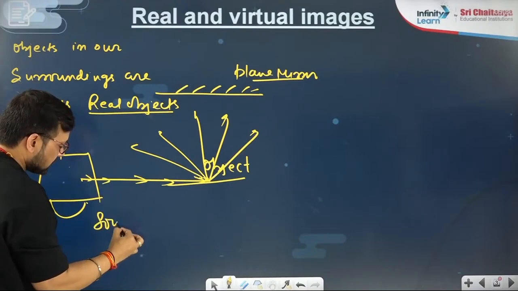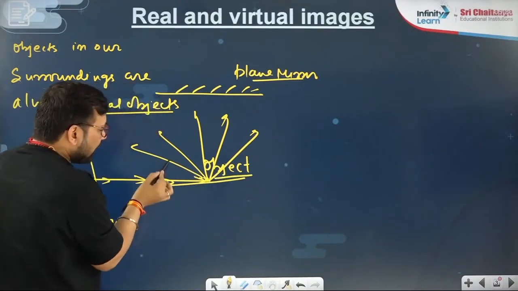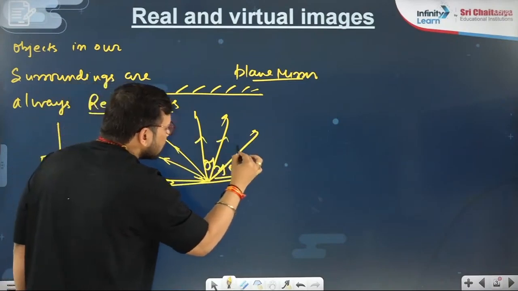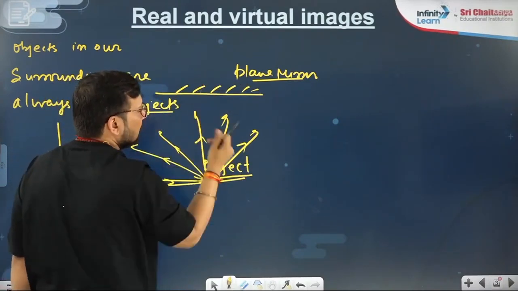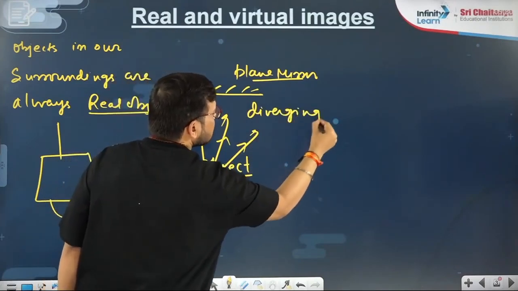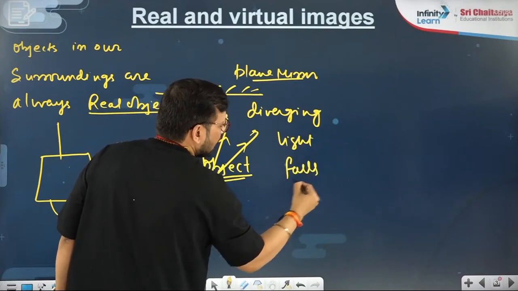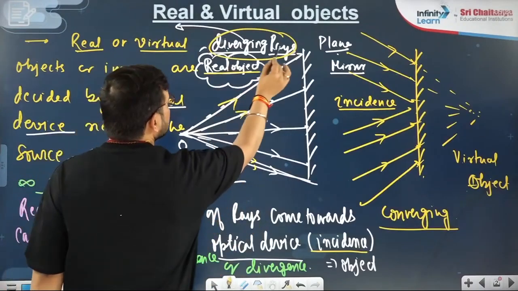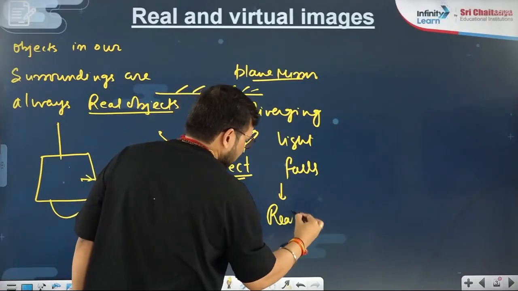Light ray is going on some object. That is the object. From that object, light rays go diverging, and on this plane mirror, diverging light will fall. When diverging light falls, from the previous slide, diverging rays mean a real object. So here we are talking about the real object. Got this?